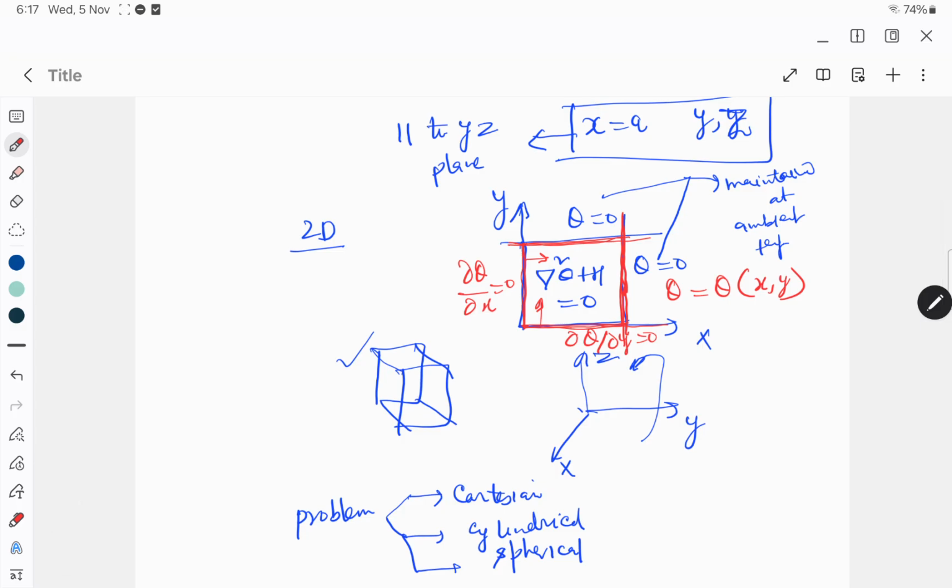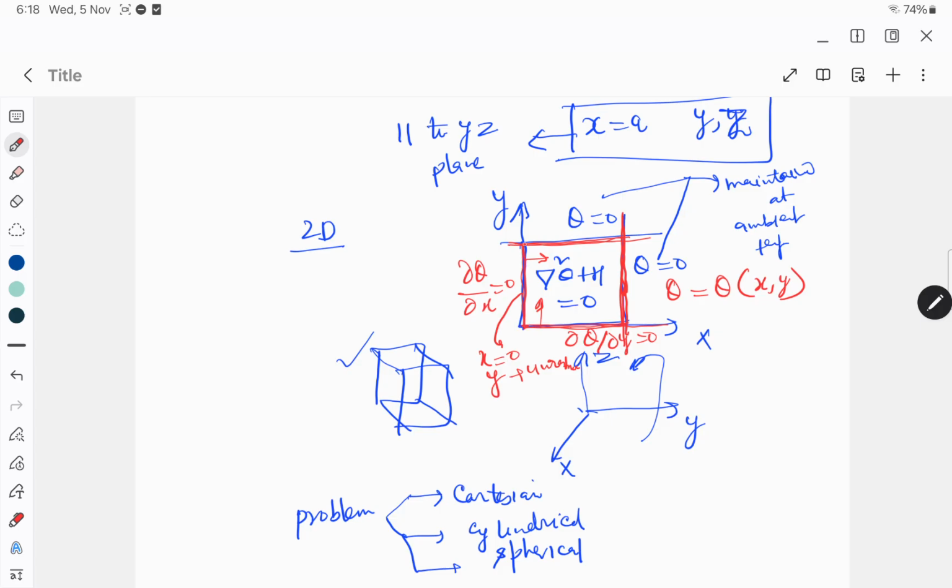On a coordinate surface, one variable would be constant and the other would be unrestricted. Just like here, it is x equal to 0, but y is unrestricted.